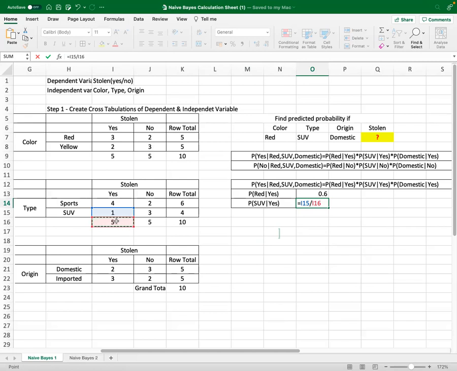SUV given yes. Total stolen is how many? 5. How many of them are SUVs? 1. So the answer is 0.2.